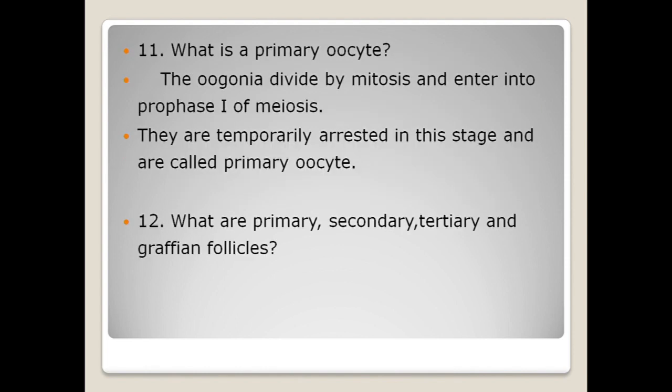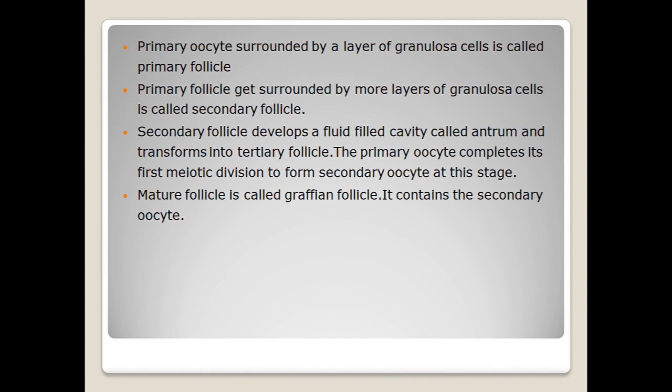What is a primary oocyte? The oogonia divide by mitosis and enter into prophase 1 of meiosis. They are temporarily arrested in this stage and are called primary oocyte. What are primary, secondary, tertiary, and Graafian follicles? Primary oocyte surrounded by a layer of granulosa cells is called primary follicle.